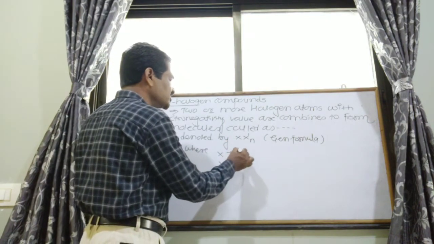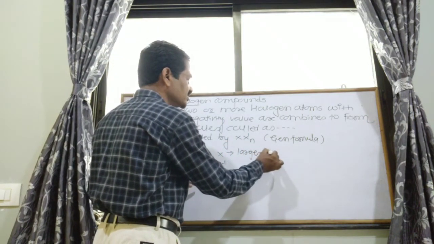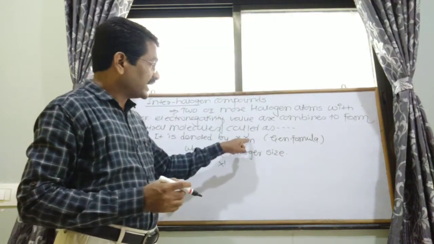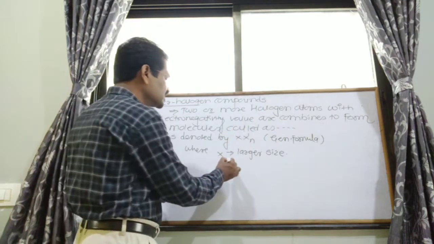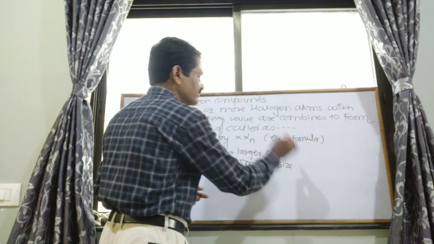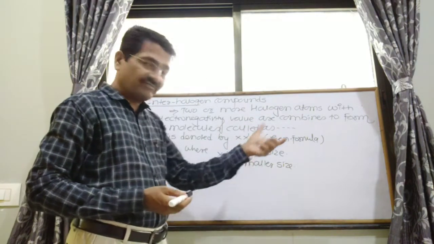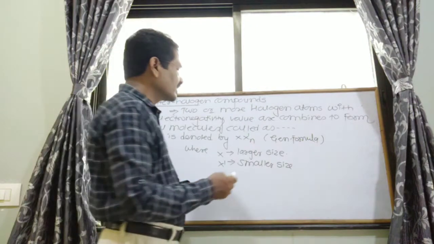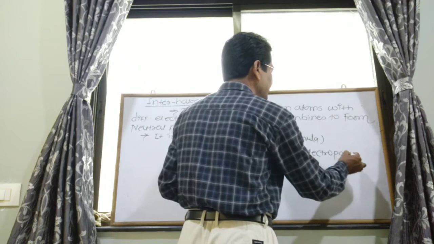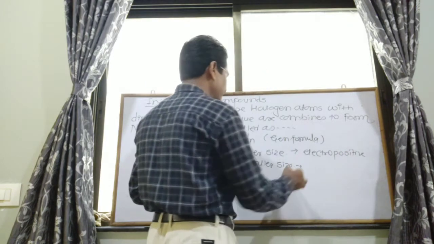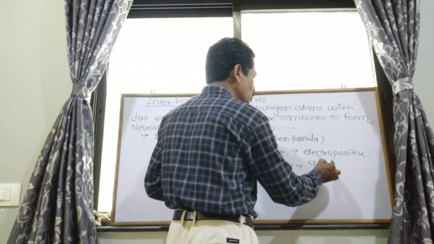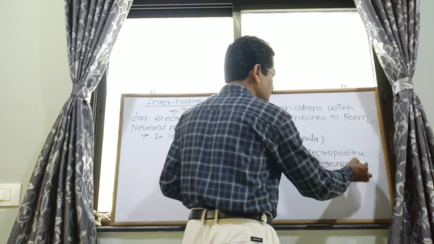The parent halogen has the larger size, that is the bigger halogen, while the attached halogen is smaller in size. The parent halogen, which has the larger size, is electropositive in nature, while the smaller attached halogen atom is electronegative.